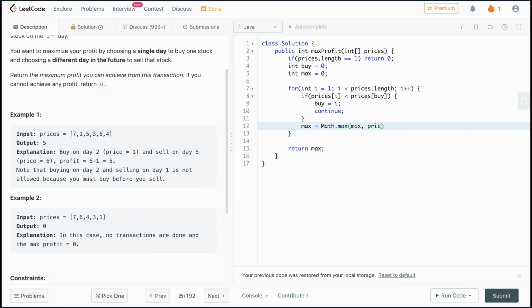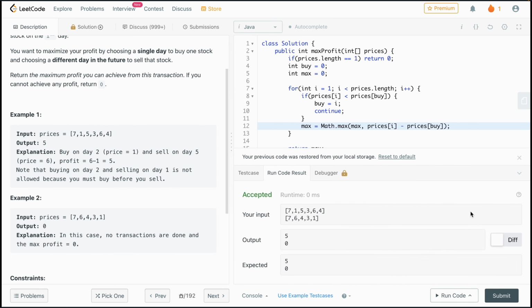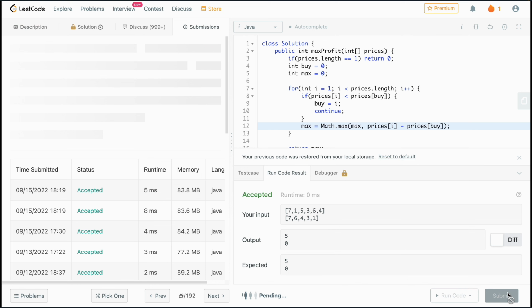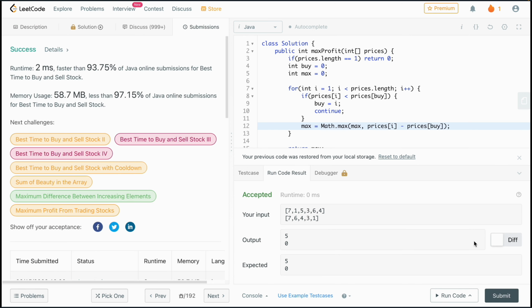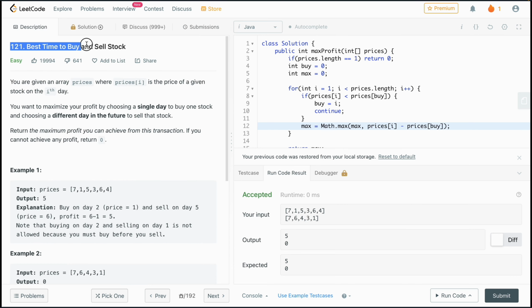Okay, so that should be it. Now let's see if it works. Great. Now let's submit it. Alright, great. So that was best time to buy and sell stock.